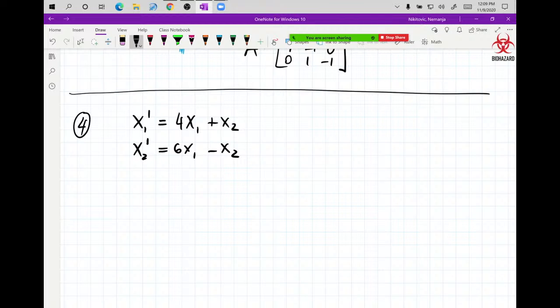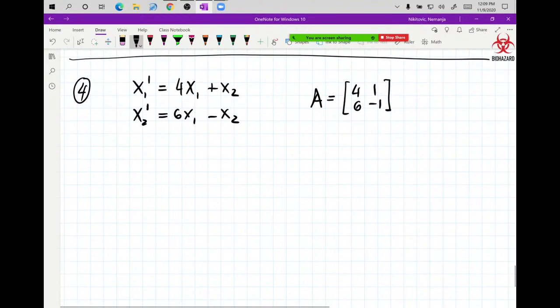Note that they are using x1 and x2, not x and y. It doesn't matter, but that's a little bit different. So what is my matrix A? Well, that's just the front coefficients: 4, 1, and 6, -1. That's it. Those are our numbers.